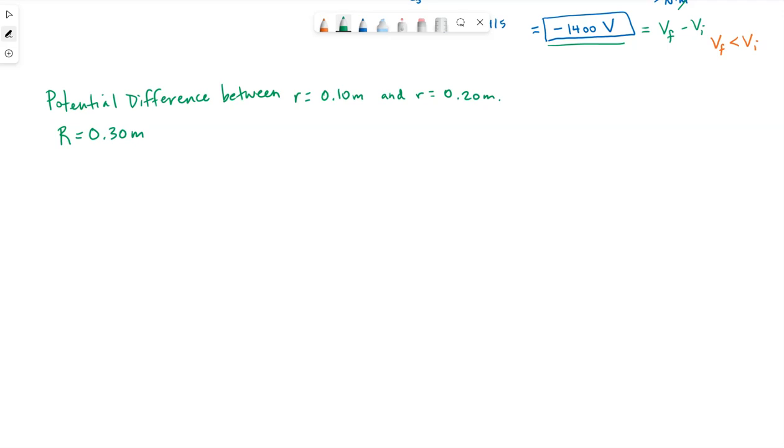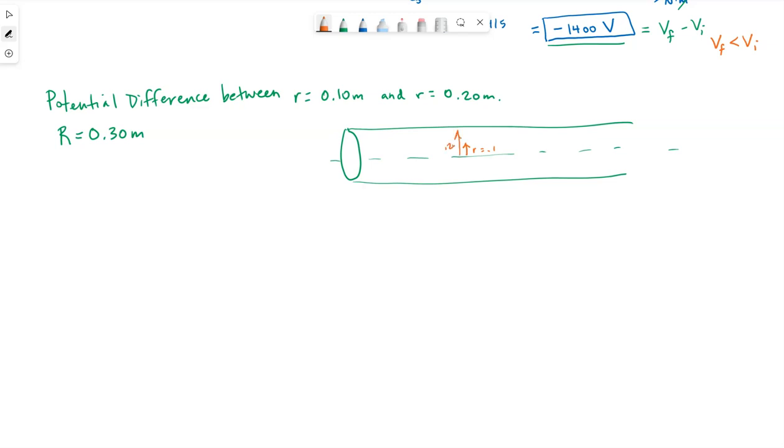So if I draw this cylinder again, or at least a portion of it, here's our axis. This time I'm asking to find the potential difference between 0.1 and, that's a little too far, 0.2.